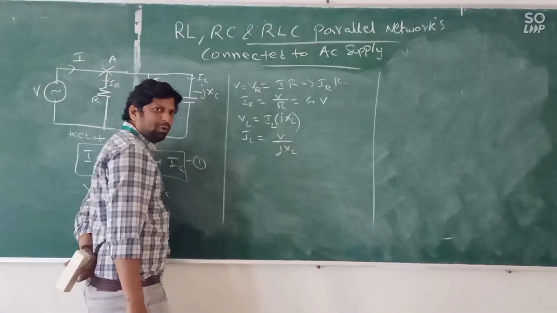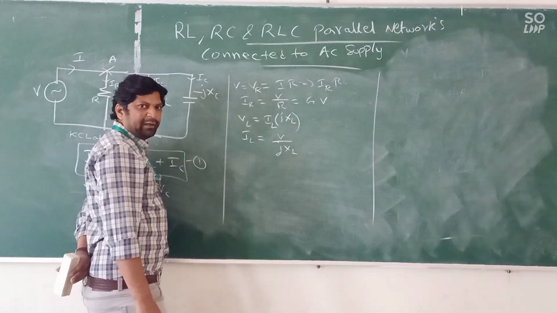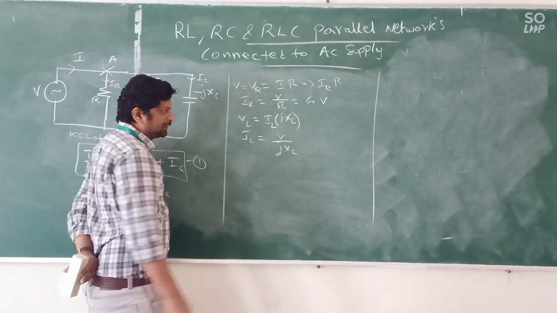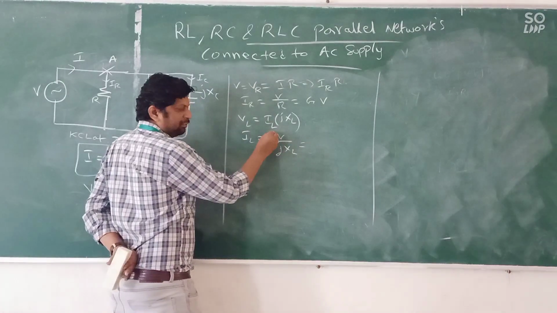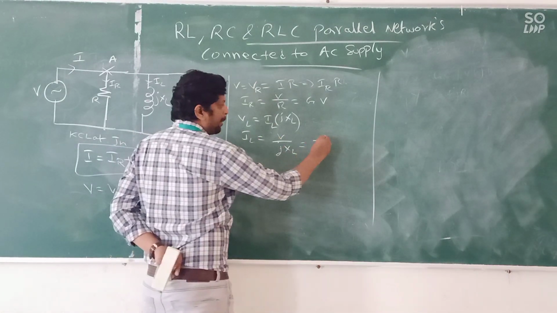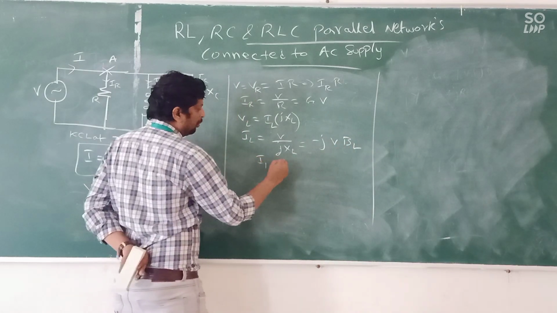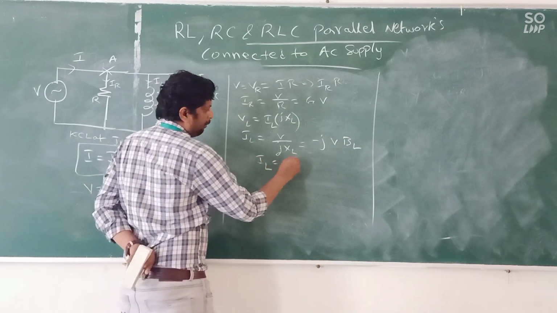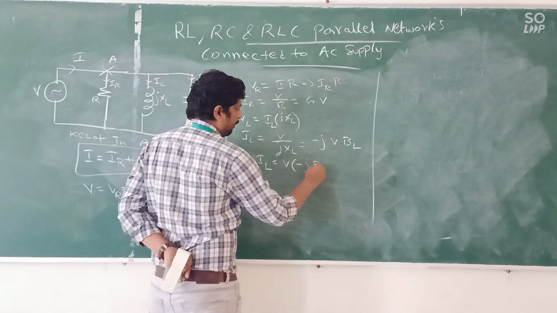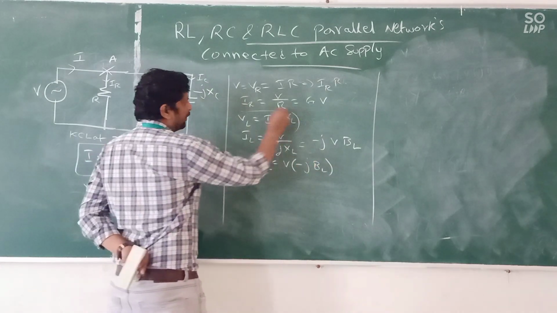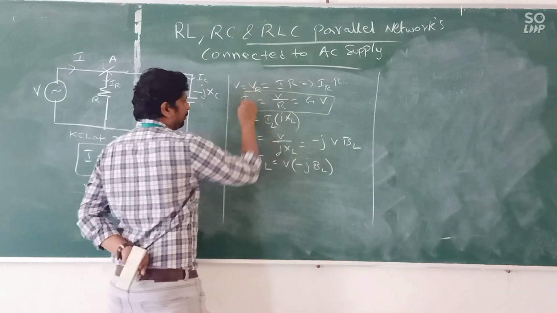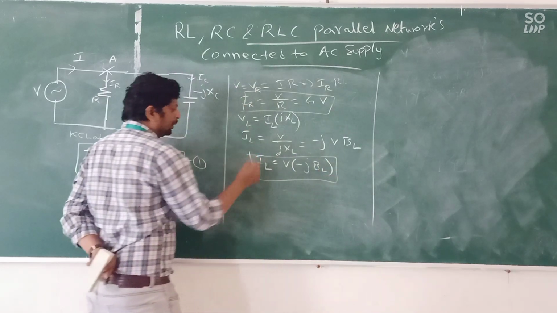The reciprocal of inductive reactance is nothing but inductive susceptance. J is shifted to the numerator, so it will be minus J BL into V. So IL is equal to minus J BL V. This is equation 1. This is equation 2.